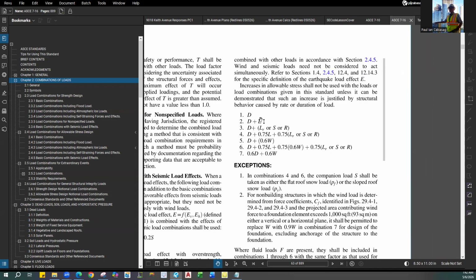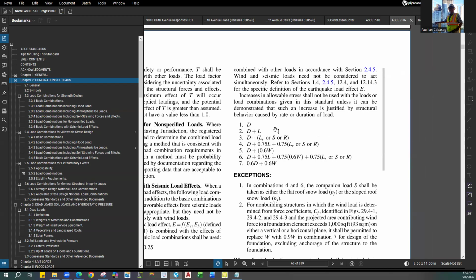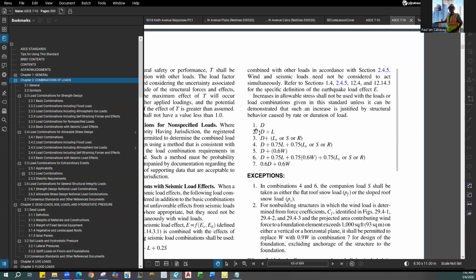Maybe risk category 1 will only have a dead load, but rarely do you find a building that will only have one load combination. The most common one I would say is the second one, dead load plus live load. Dead load plus live load is probably 99% of the time the one you always use for gravity vertical loads.